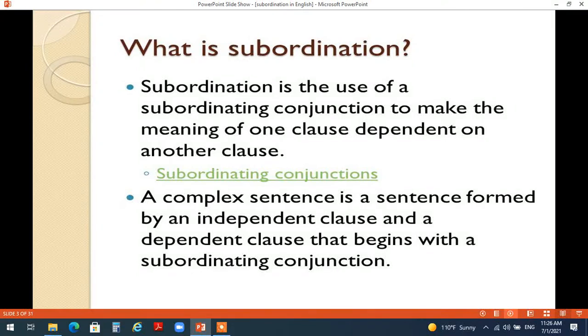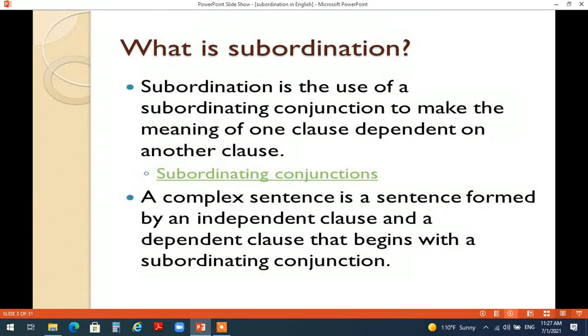So subordination is the use of a subordinating conjunction to make the meaning of one clause dependent on another clause. إذن subordination هي عملية استخدام إحدى أدوات الربط التي تسمى subordinators or subordinating conjunctions، والغرض هو أن نجعل معنى إحدى العبارات الفعلية يعتمد على العبارة الفعلية الأخرى.